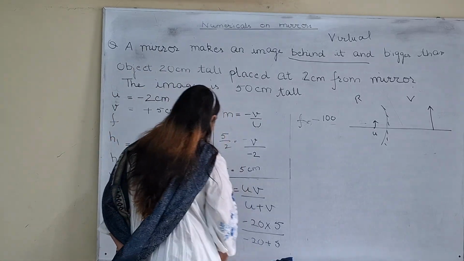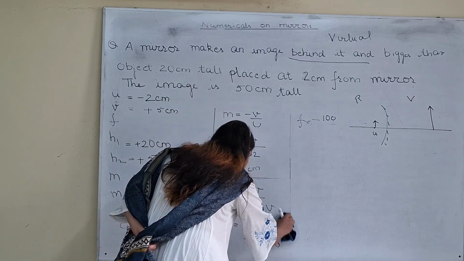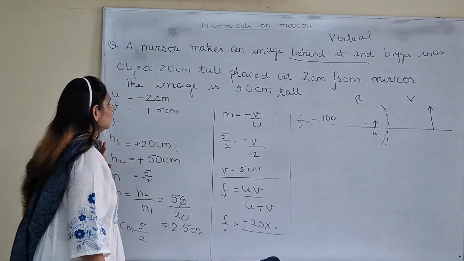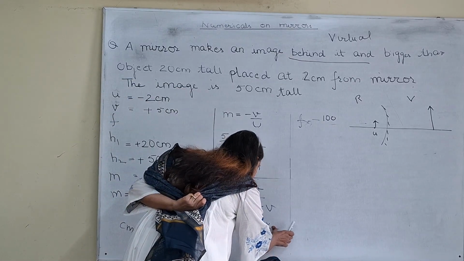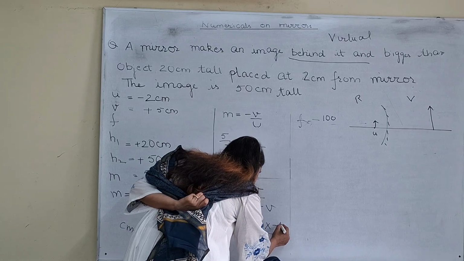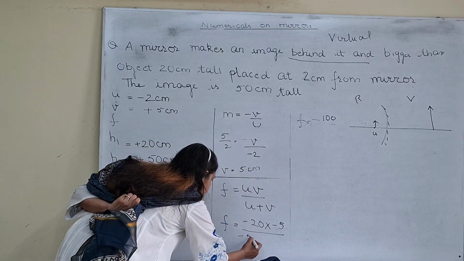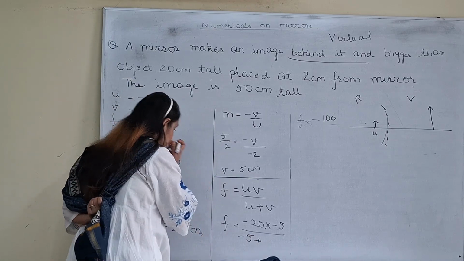Okay, something here. The u is 2 centimeter. We can see from the data sheet u is minus 2, not 5. So this becomes minus 5, and u plus v becomes minus 5, and what is object? Minus 20.